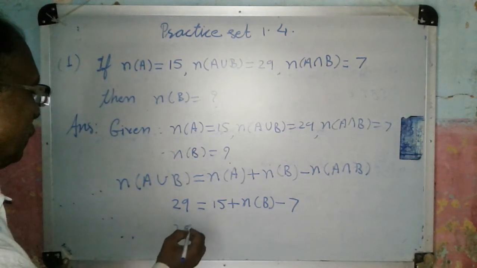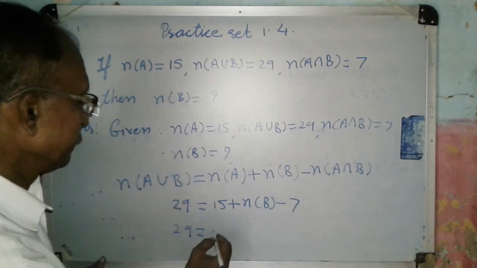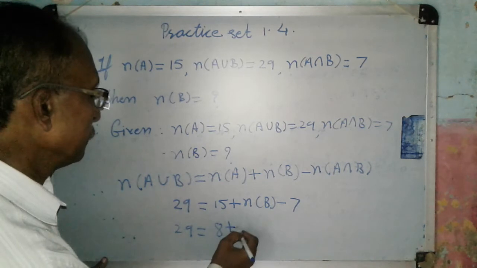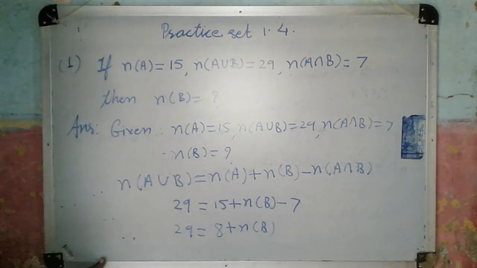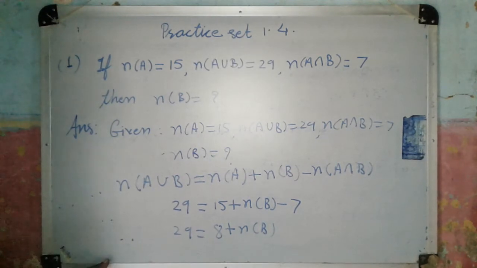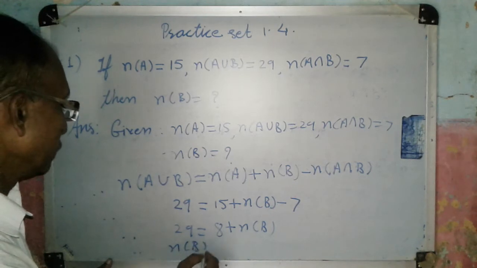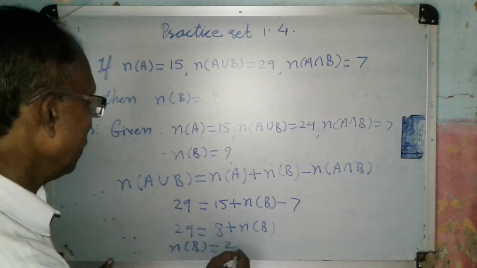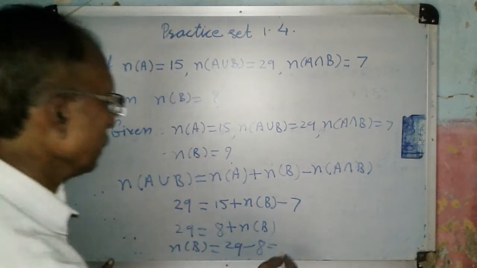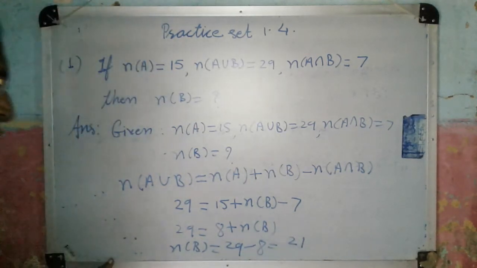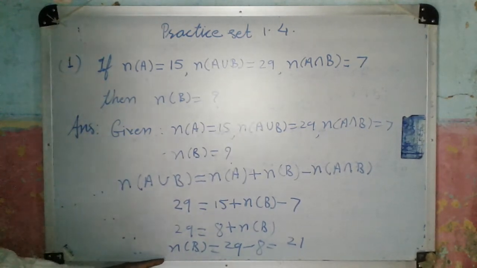Therefore 29 is equal to 15 plus number of B minus 7. 15 minus 7, we get here 8. Now to find the number of B, we get 29 minus 8. Here we get 21. So there are 21 elements in set B. So this is your answer.